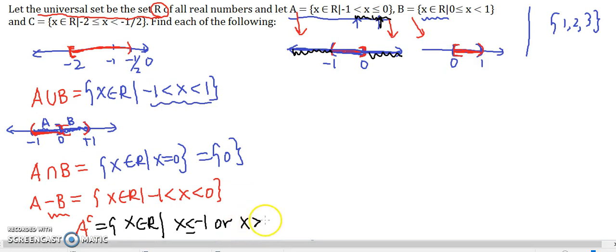So x is greater than 0. We have to get rid of the equal sign. It's sort of like the negation we did before. If it's less than or equal to 0, then it's greater than 0. If it's greater than -1, it's less than -1. That's the complement.